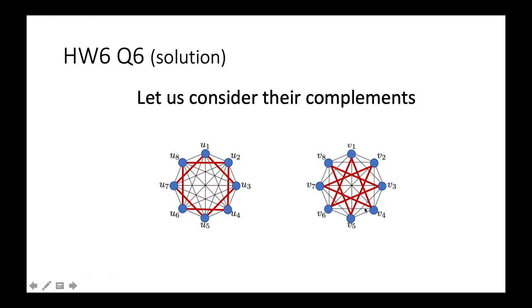How can two graphs be the same if one of them has exactly two connected components while the other has one? It can't be true. So the red edge graphs on the left-hand side and the right-hand side are not isomorphic. In that case, the original graphs must not be isomorphic. So this is the end of the tutorial for today.